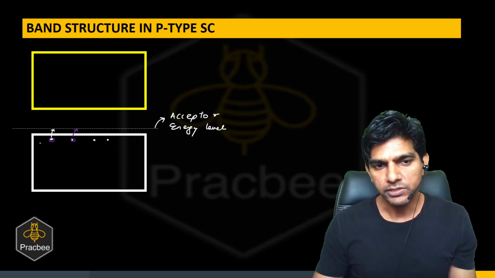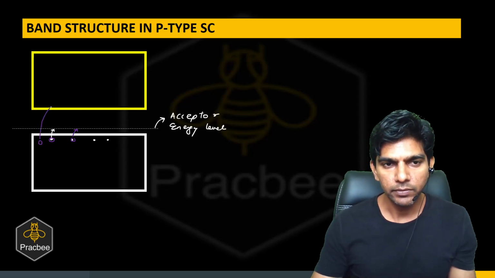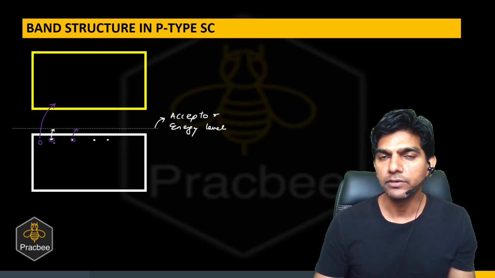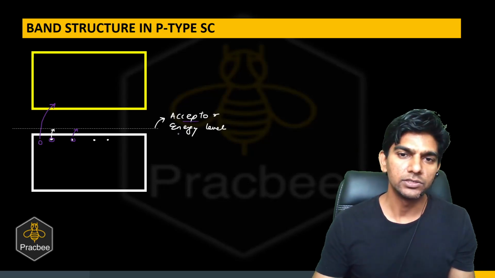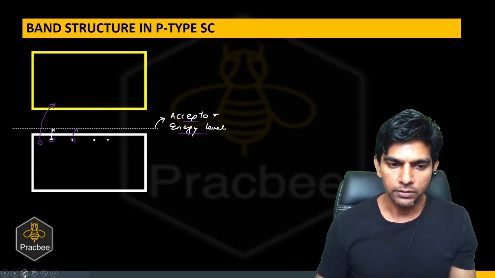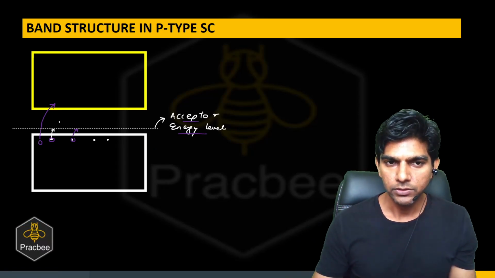There will also be some holes created because of the intrinsic property. When some bonds break, the electron will move to the conduction band and a hole will be created. And there will be some holes created when the electron moves from the valence band to this acceptor energy level. So you can see the holes are being created in 2 ways. I think this concept is clear, so we should remember this.